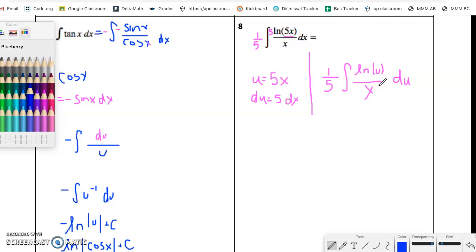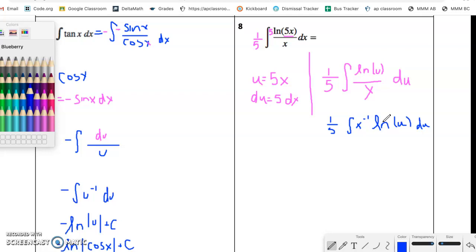So I see this x here, so I can rewrite this as 1/5 integral x to the negative 1 ln u du. I can see this x to the negative 1 is the derivative of ln.